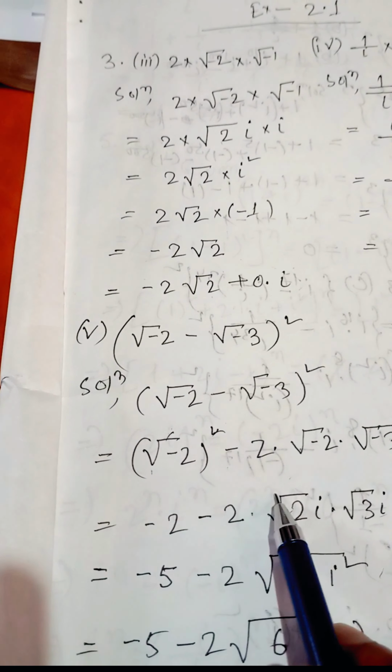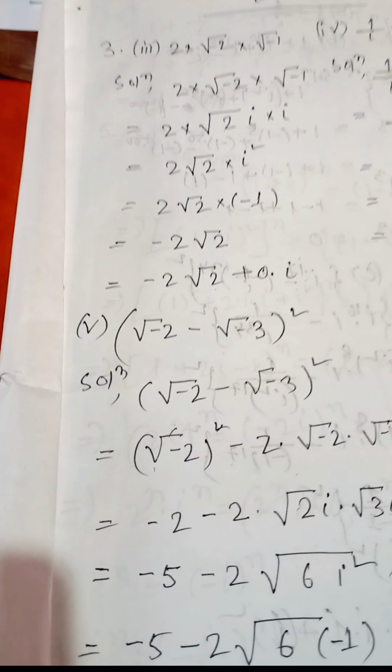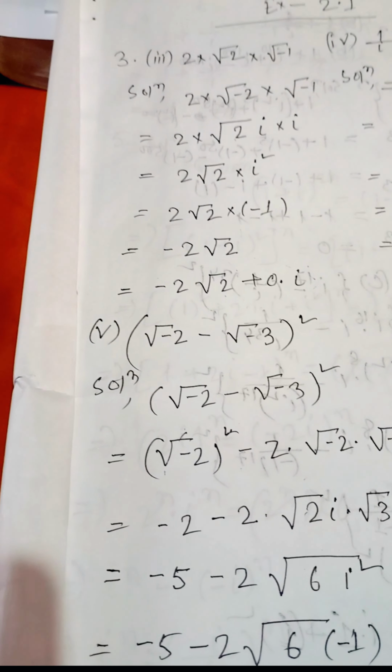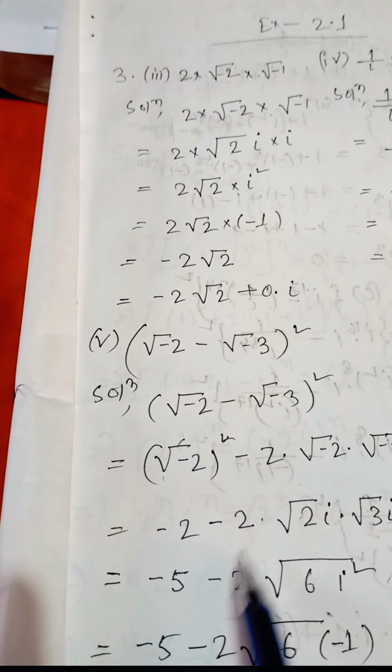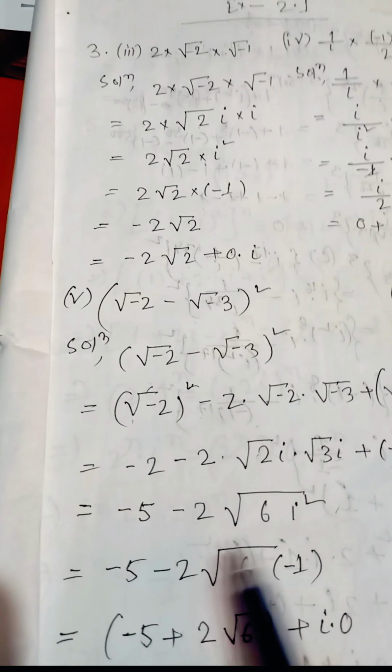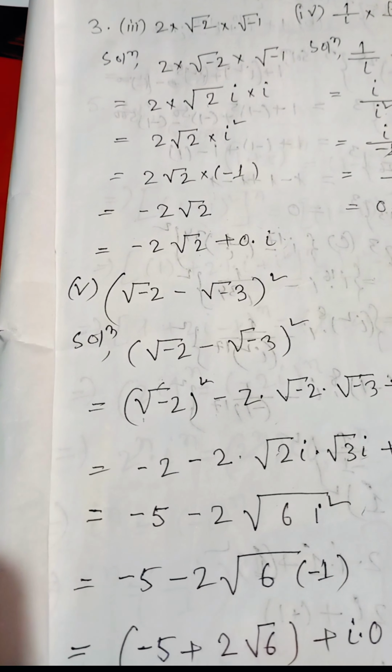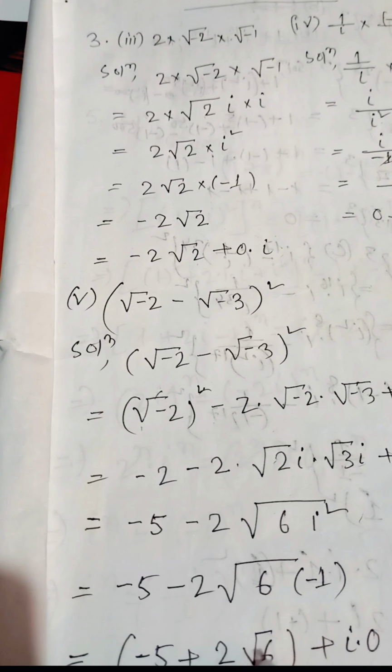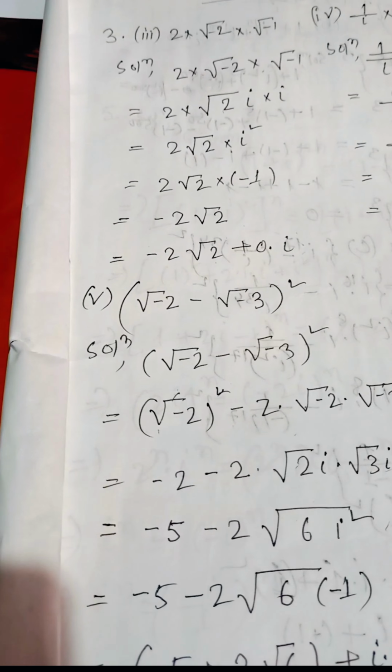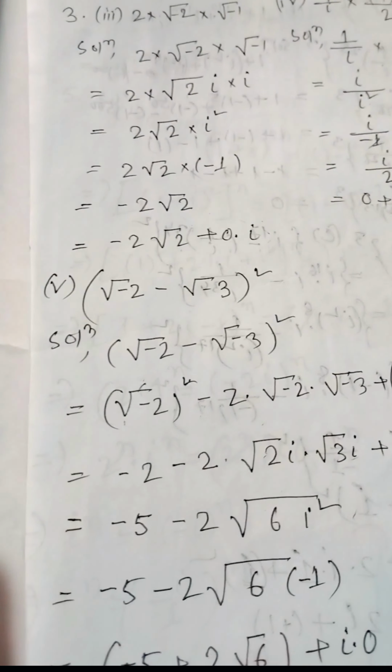Now minus 2 and minus 3, so minus 5, and there is minus 2. Now there is minus 5 plus 2 under root 6 plus iota into 0. These are complex numbers.